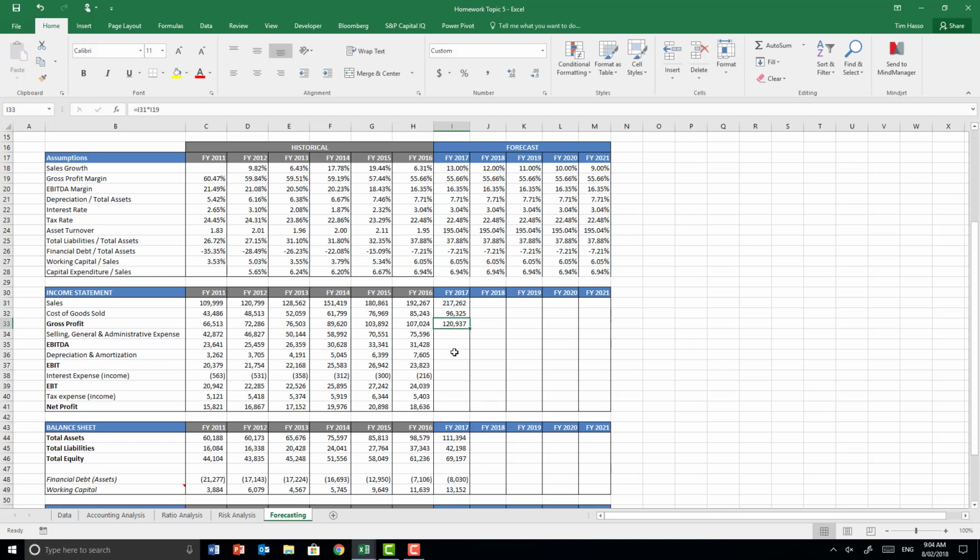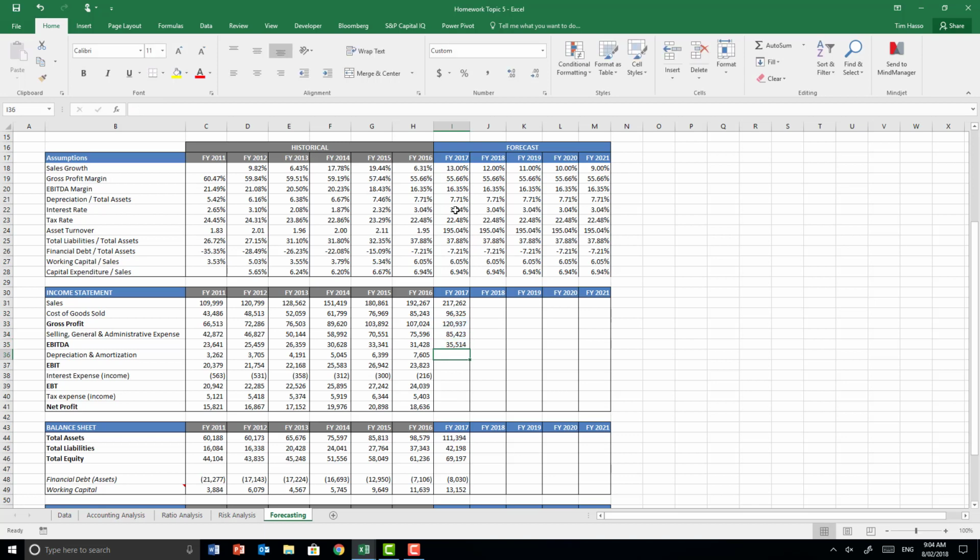Similarly, for the EBITDA, we calculate it by taking the sales and multiplying it by the EBITDA margin. So it's going to be 35,514, which means that the line item that's missing is merely the difference between the line item above and the line item below. So our SG&A is going to be equal to our gross profit minus our EBITDA.